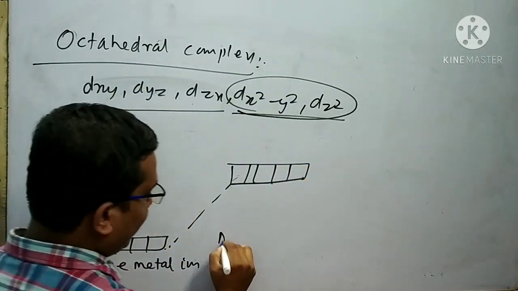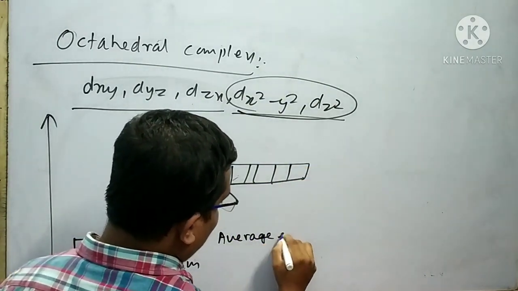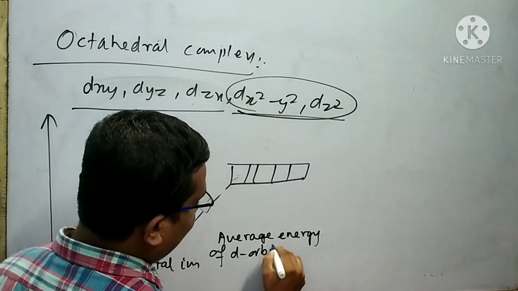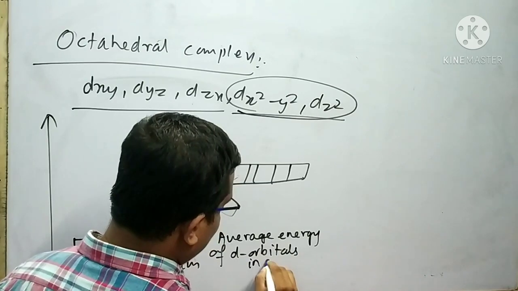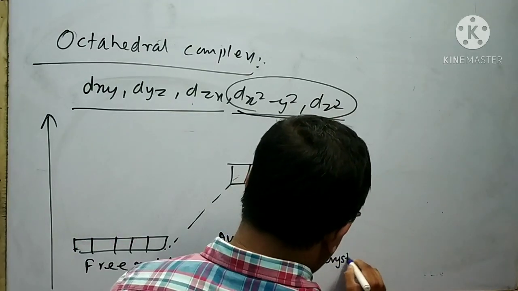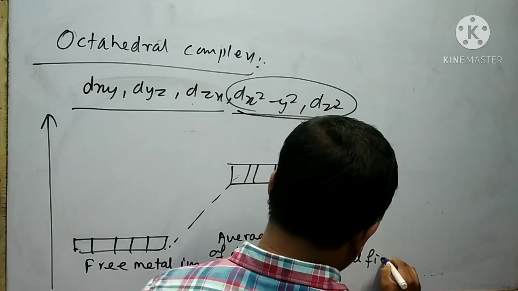This is the average energy of d orbitals in a spherical crystal field.